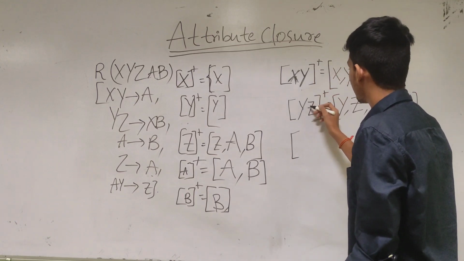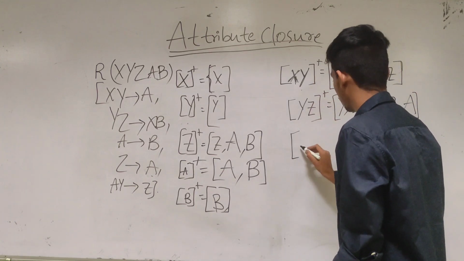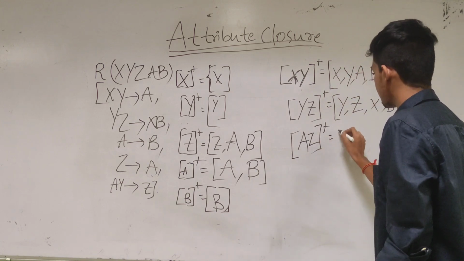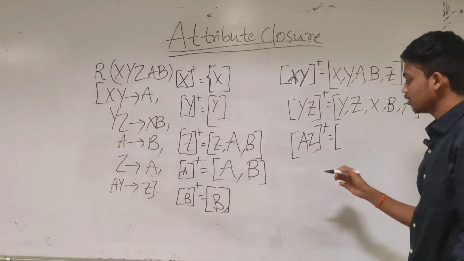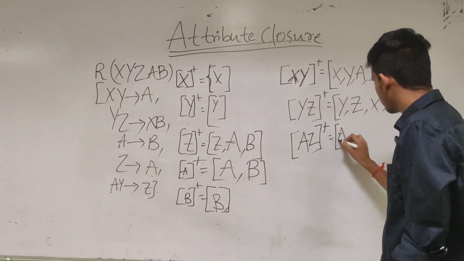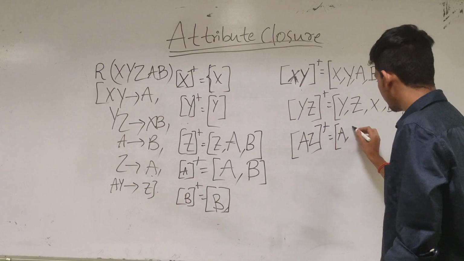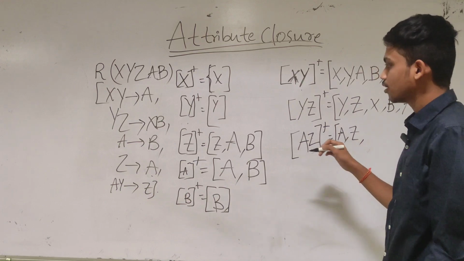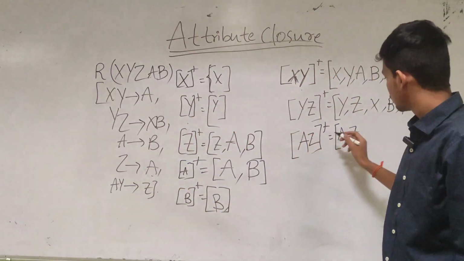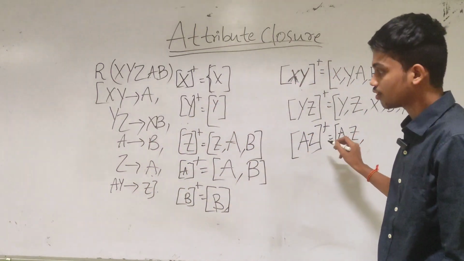Now X Y, Y Z, Z A. Let us do AZ closure. What can we get from AZ closure? There is A attribute here, so it should be there. There is Z attribute, so it should be included. Now AZ closure: with A we can derive B. You see, there is A in the closure already.